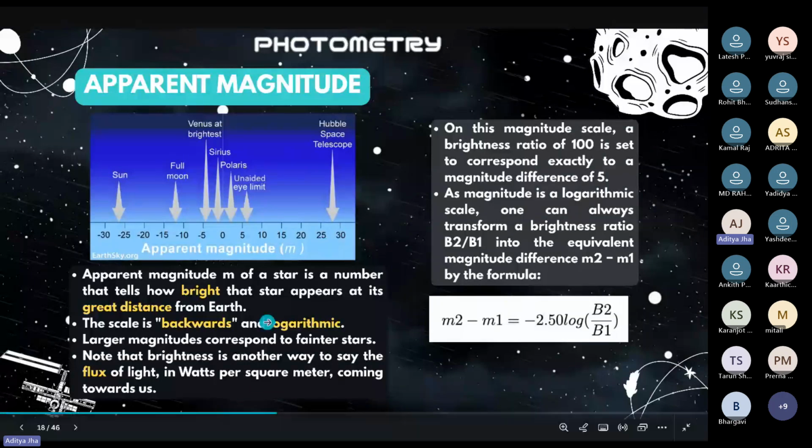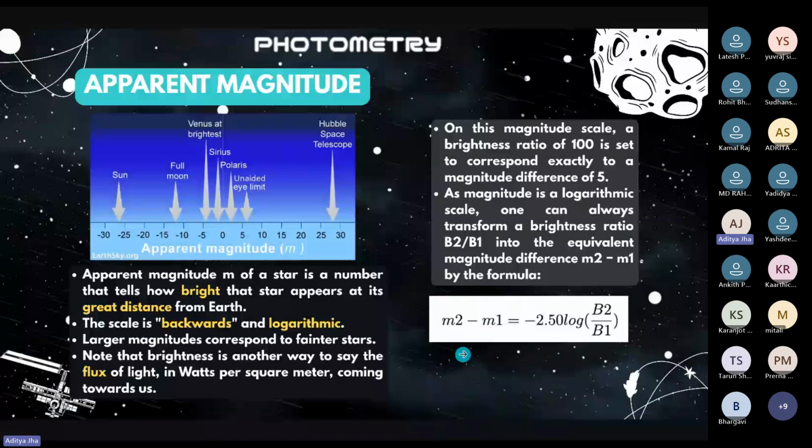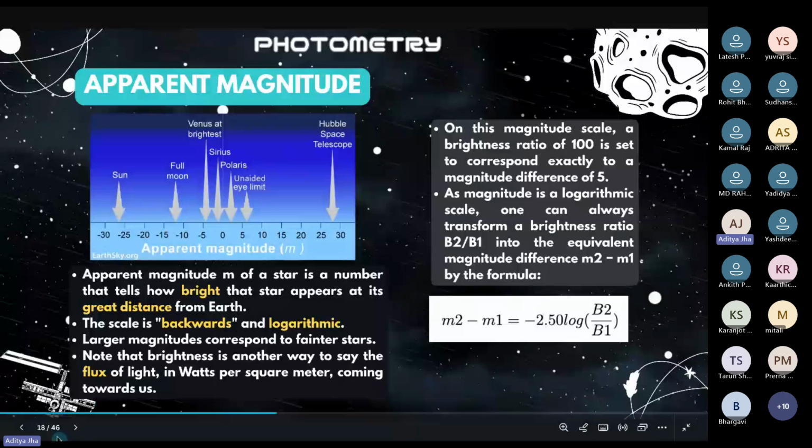So in that way, this is a backward scale, and there's a way to relate different apparent magnitudes using this formula, which is: this is one apparent magnitude and this is the other one, and you can relate them by their fluxes as m1 minus m2 equals minus 2.5 log b2 by b1. So let's say you have a brightness or flux ratio of 100, for example, then you'll get an apparent magnitude difference of 5, right? So you can use this logarithmic scale to express the apparent brightness or the flux that you're receiving from any particular source, right?